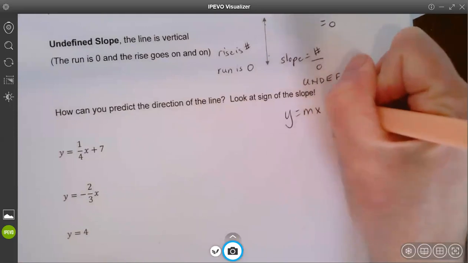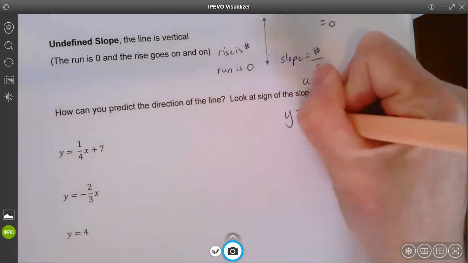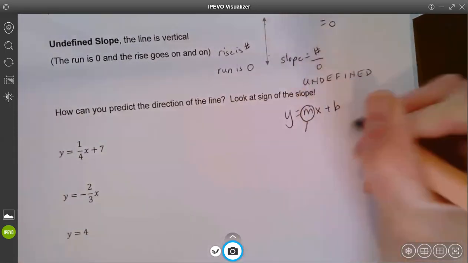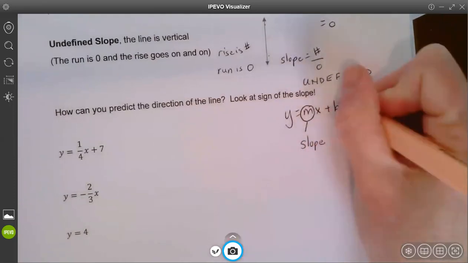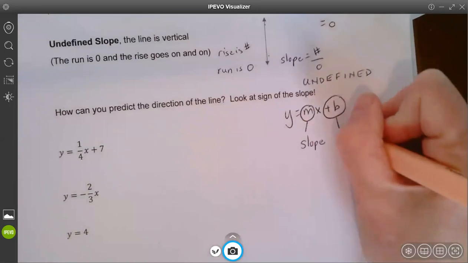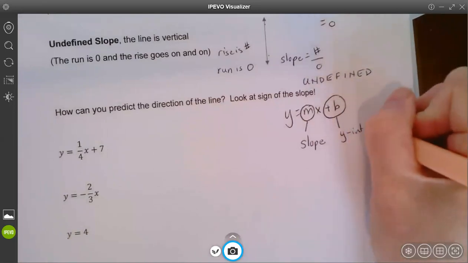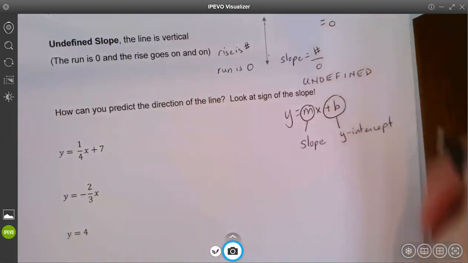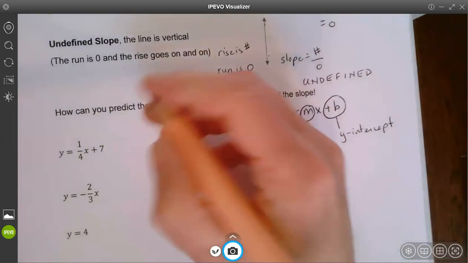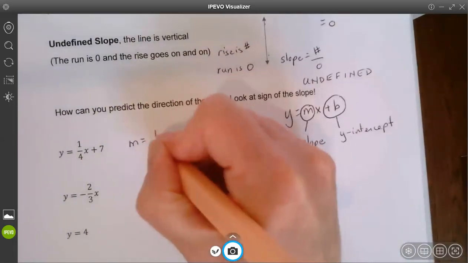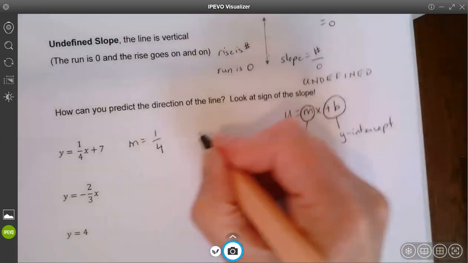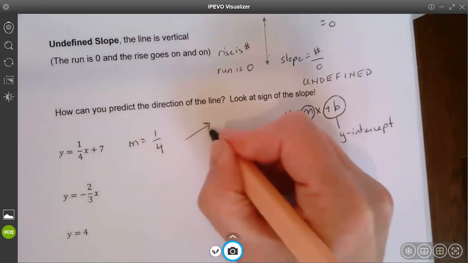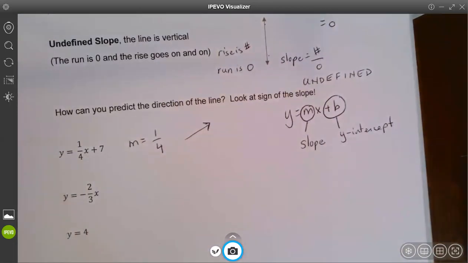In the last lesson, we discussed graphing. So m is always the slope, and the constant term b is your y-intercept. In this case, m is equal to 1/4. So we have a positive slope, so that means your line has to be going up to the right.